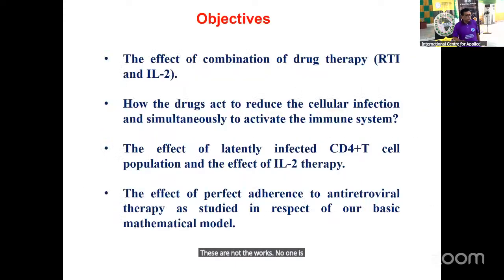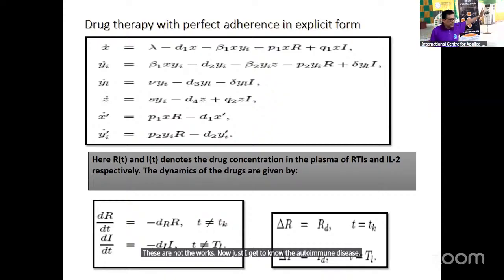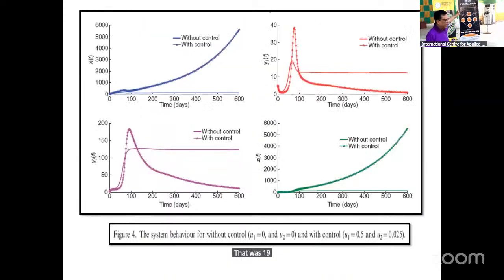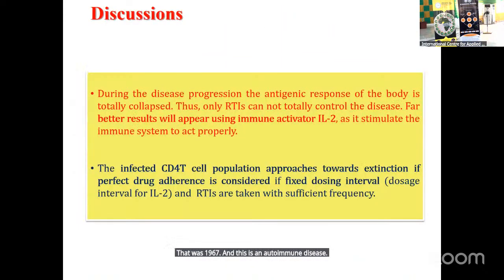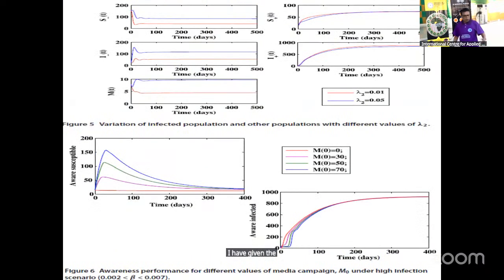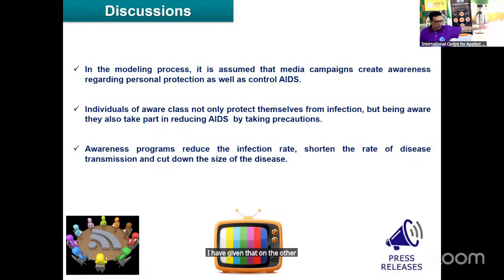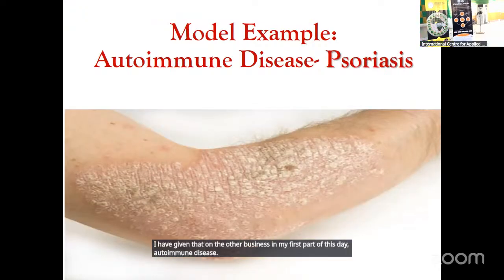Now I will let you know about the autoimmune disease. That was the infectious disease, and this is an autoimmune disease. I have given you a lecture on the autoimmune disease in the first part of my lecture. Autoimmune disease, what does it mean?